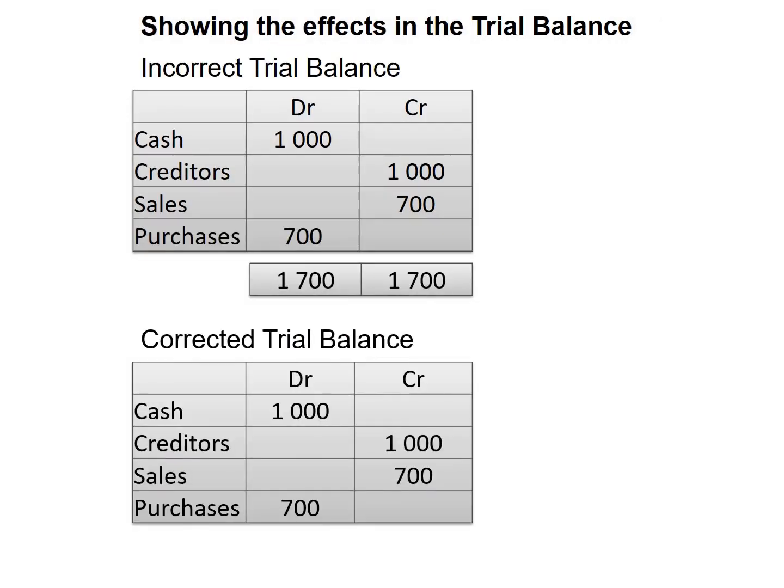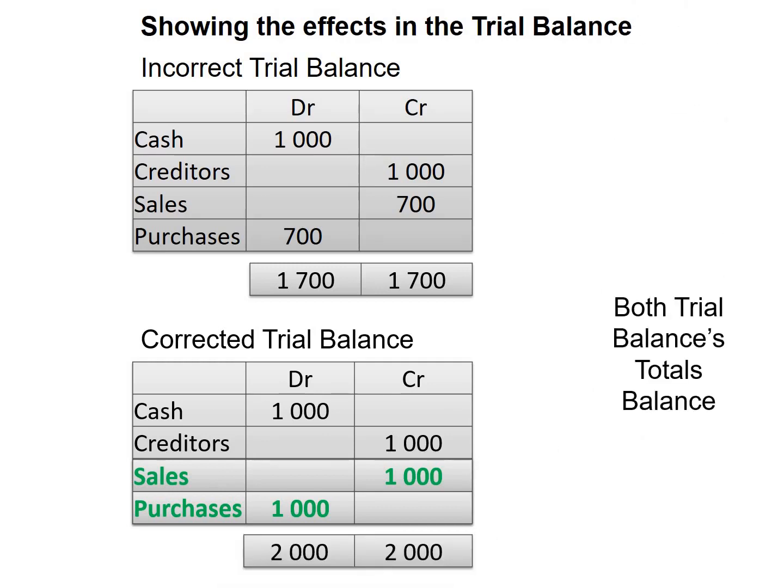But now if we have a look at our corrected trial balance, we will increase sales from 700 to 1000 because sales was credited with 300. 700 plus 300 will be 1000, and then we will also increase our purchases from 700 to 1000 because 700 plus 300 is 1000. And after our error is corrected, our trial balance still balances.